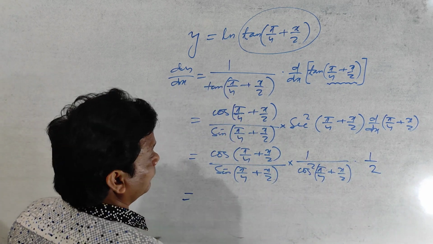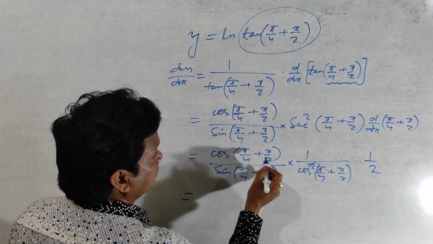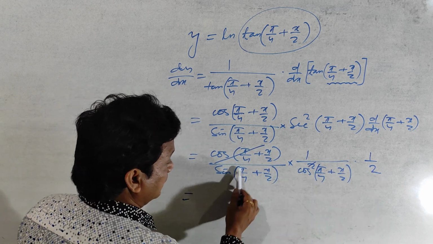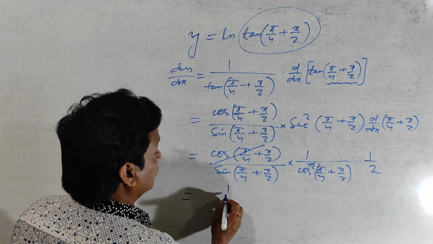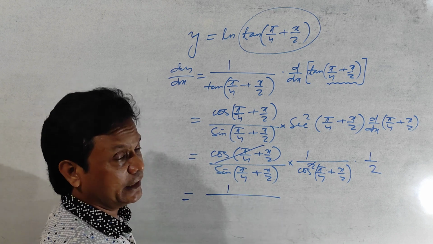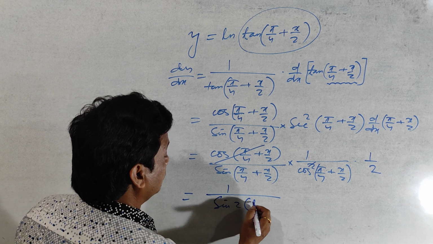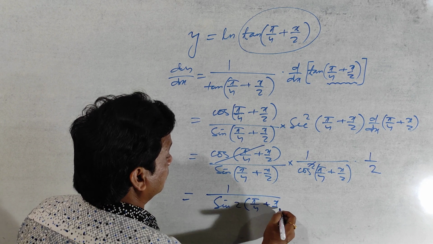See here, one cos cancels out, leaving 2 sin theta cos theta, which is sin 2 theta, so sin 2 into pi by 4 plus x by 2.